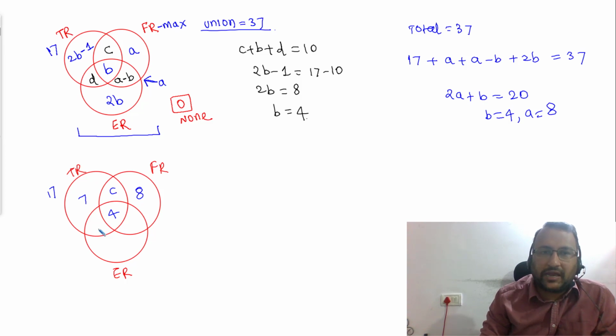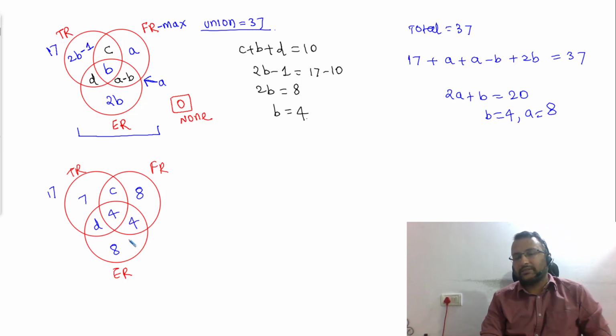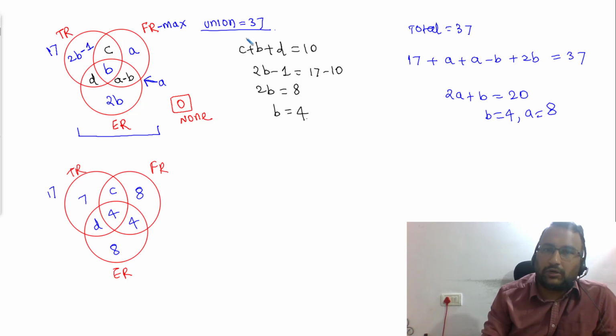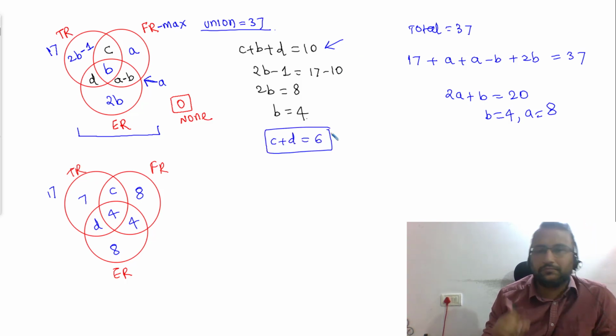The value of C and D we don't know. B is equal to 4, so this will be 8. A minus B is equal to 4. Yes, this is our Venn diagram. The total is 37. And the value of C plus D is going to be how much? Put B is equal to 4 over here. You will get the value of C plus D is equal to 6.